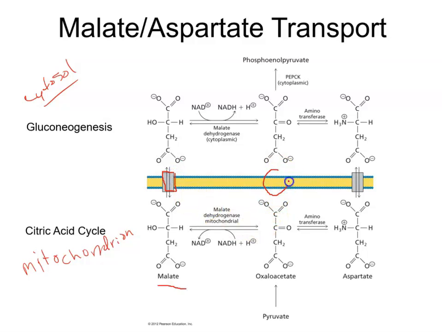There is not one for oxaloacetate, so we can't get oxaloacetate through the membrane. So it actually happens with malate. There's also an aspartate transporter. So these are the ways that we can get in and out of the mitochondria. We can't do that through oxaloacetate, so it has to go around.